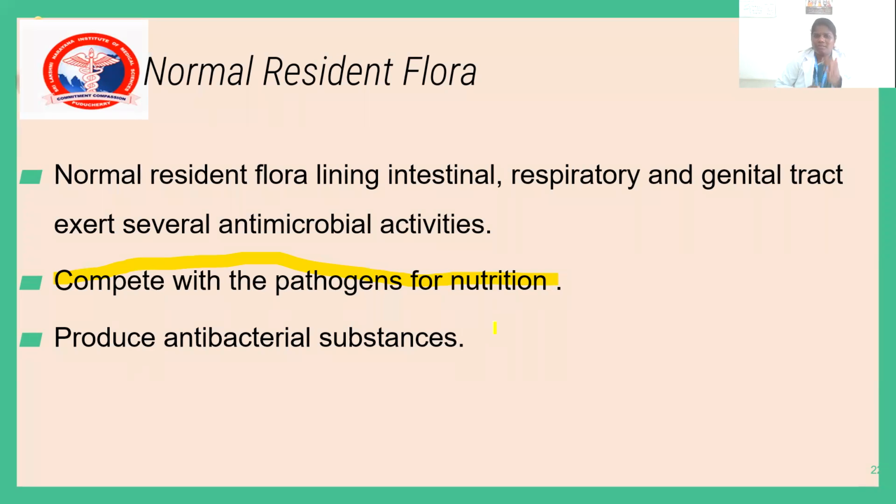That is the competition with the pathogens for nutrition. It will also produce antibacterial substances. For example, in the intestine, many gram-negative bacteria are able to produce bacteriocin. Bacteriocin is nothing but an antibacterial substance which kills other species, other strains. So those other bacteria are unable to survive in that environment.